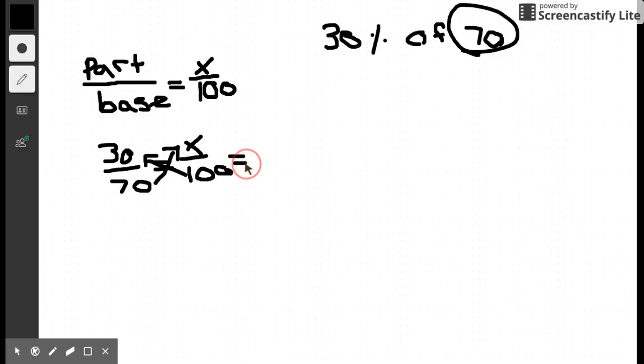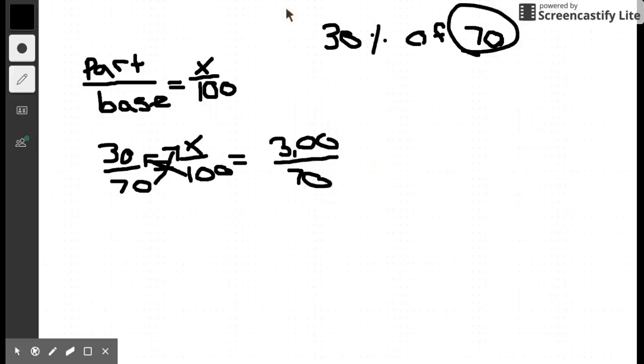So it will be 3,000 over 70 times x is 70, and you just divide.